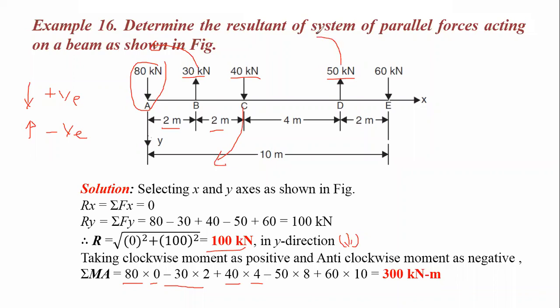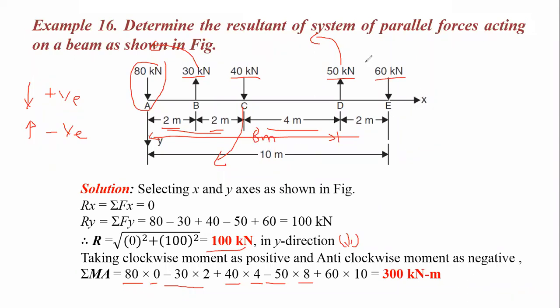And this 50 kilonewton force makes an anti-clockwise moment about point A. That's why it is taken as minus 50 into perpendicular distance, this 4 plus this 4, it becomes 8 meter. Perpendicular distance from A to D is 8 meter.